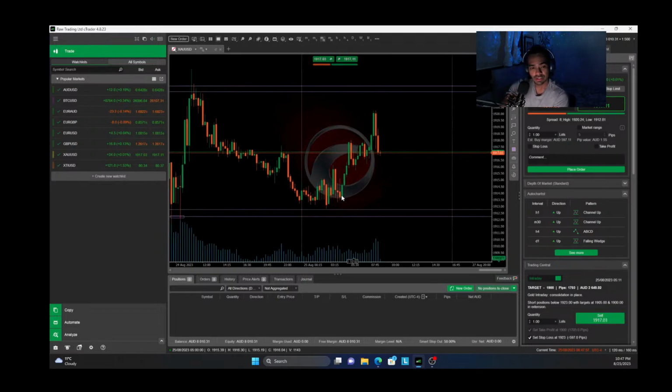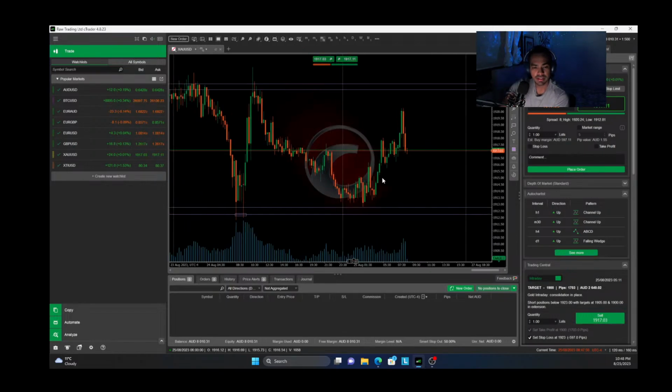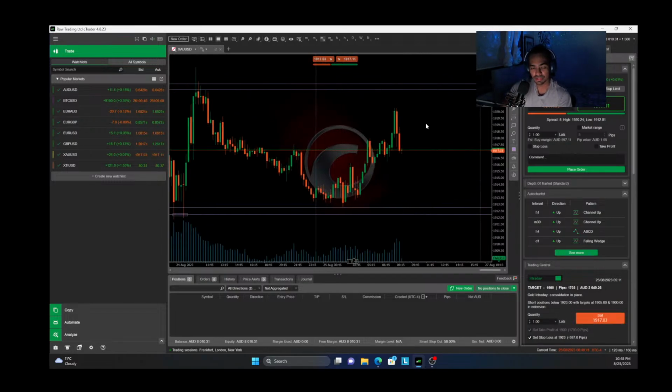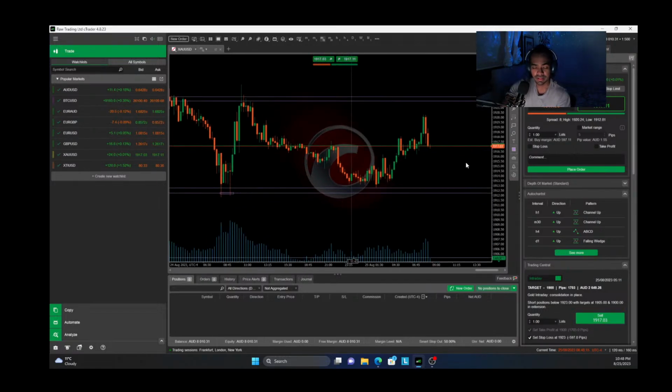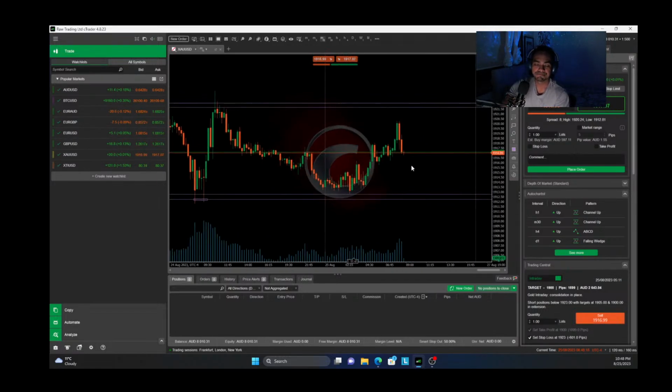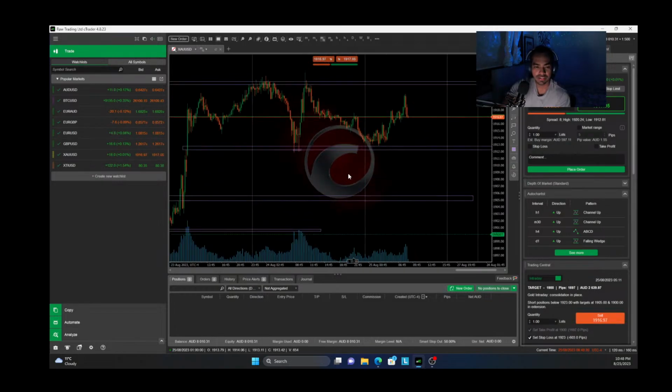If the price comes towards 1912, we're gonna take a buy. If it comes towards 1921, we're gonna take a sell. But before just taking trades, we're gonna have a look at the price action of the candles. Let's see how it prints the chart, and then we can take our buys and sells.